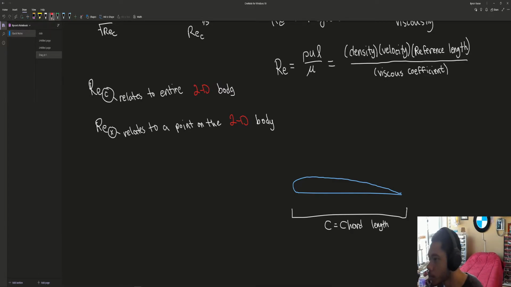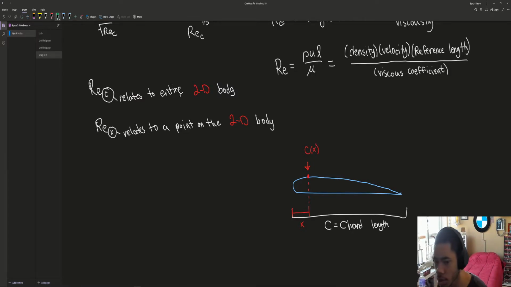Now, the reason why we refer to x is because we have, say, some distance on the chord length from, say, here to here. This might be x. What's happening at this point right here? We'll call that c of x.